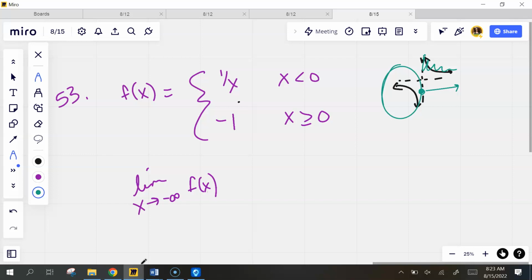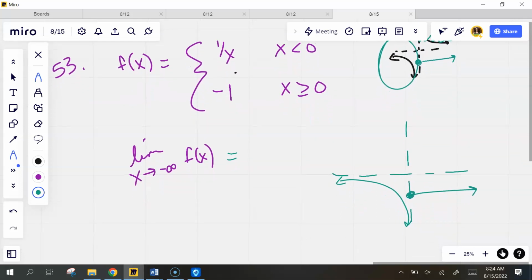Okay. So what's the limit as I approach -infinity? Okay. It's okay. So altogether, this piecewise function would do this. This piece is the left side, and then the right side comes in right here and does this at -1. So altogether, that's the graph I'm looking at as I look at my limits.